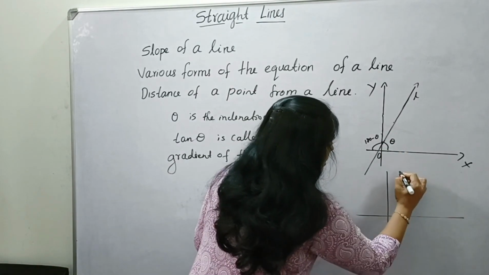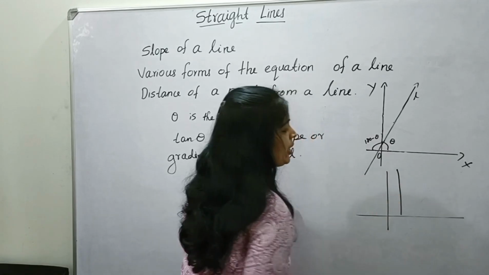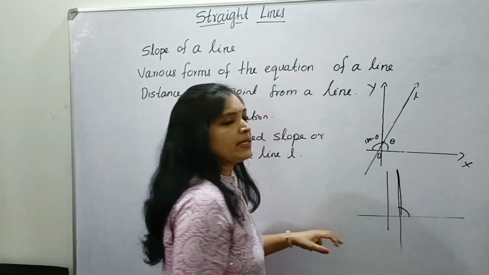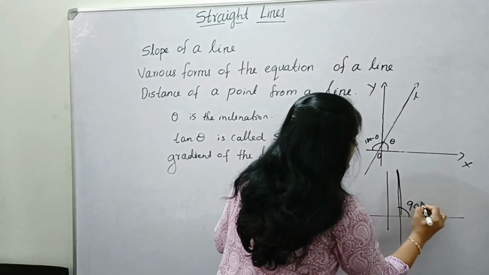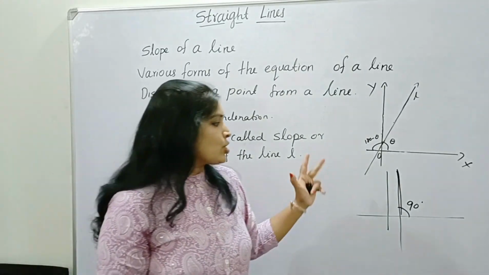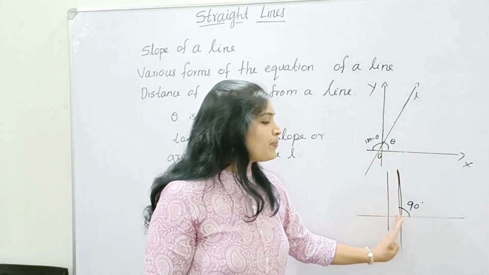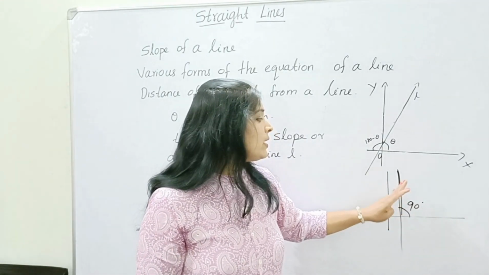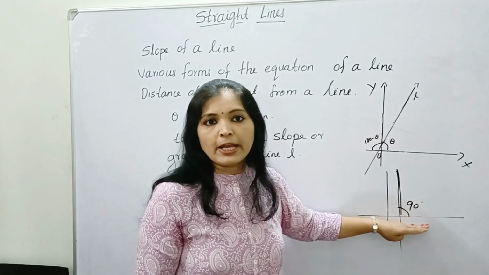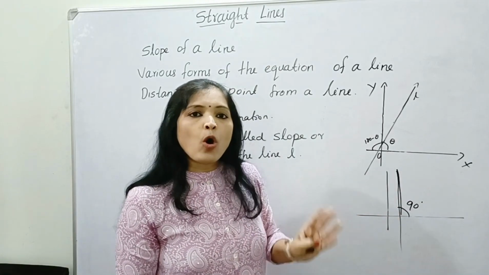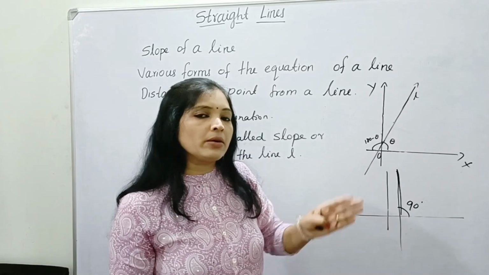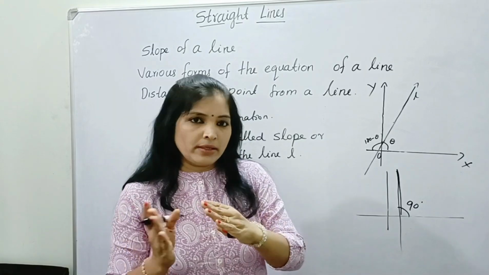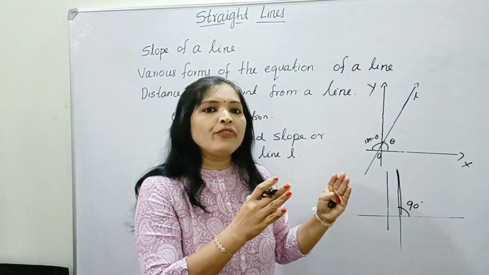That means the line is perpendicular to the x-axis, so the angle made by this line is 90 degrees, right? And we know that the slope of a line that is exactly vertical, as I said, approaches infinity.